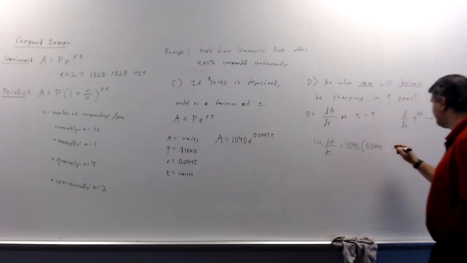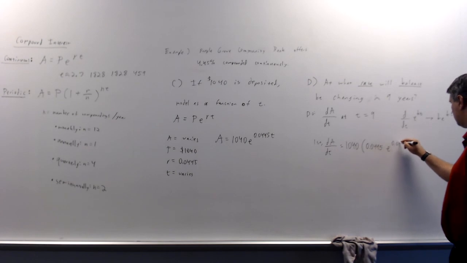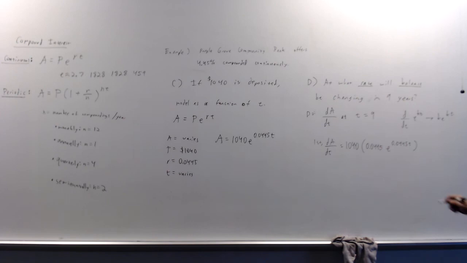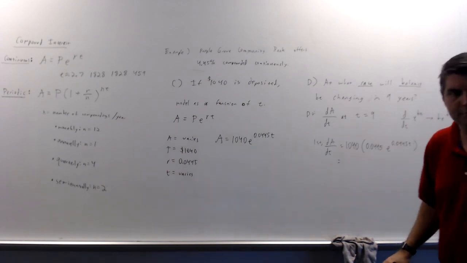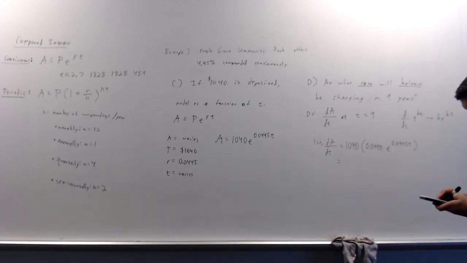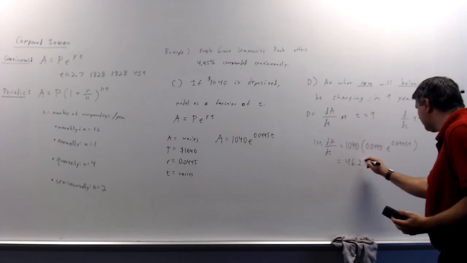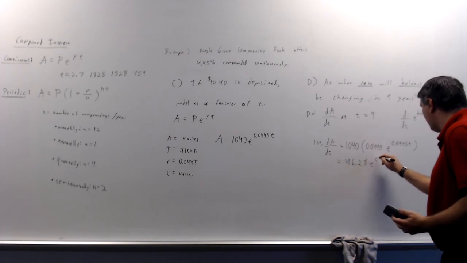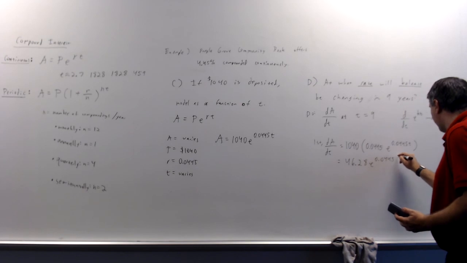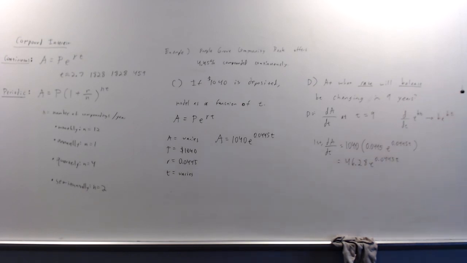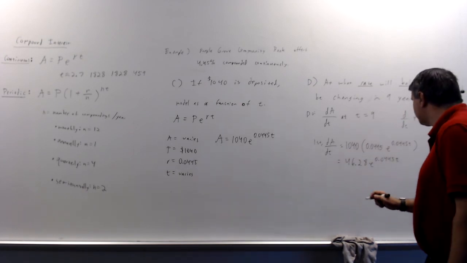And the exponent doesn't change. So that's 46.28 e to the 0.0445 t power. Okay? So that's the derivative.